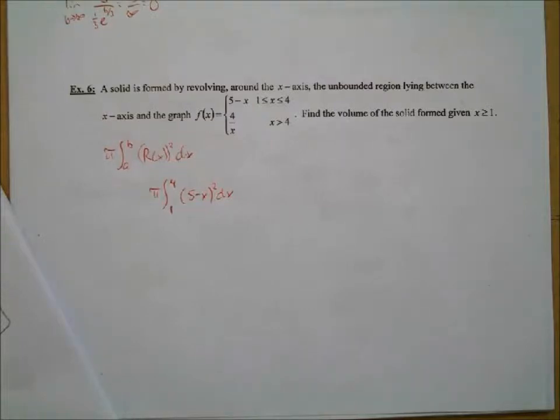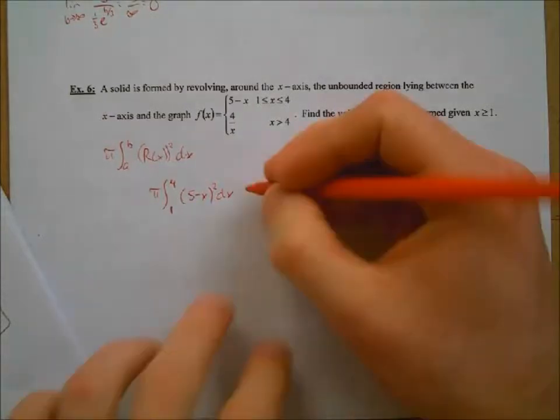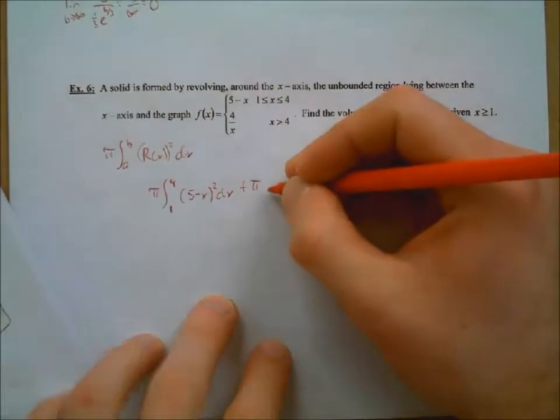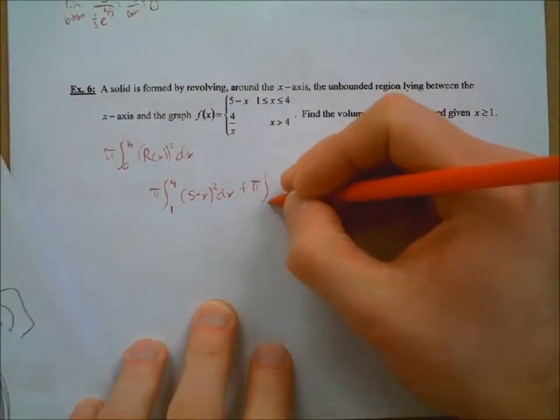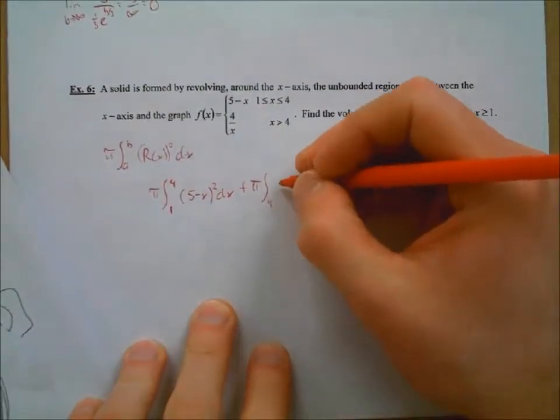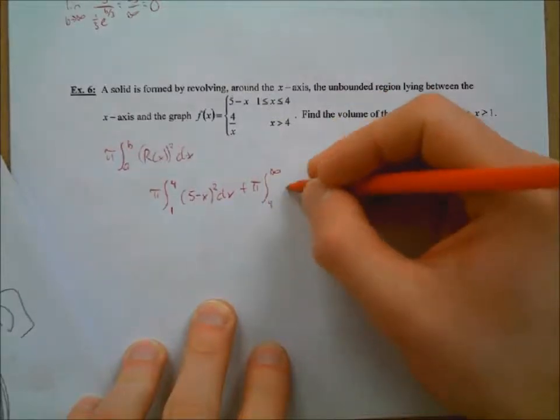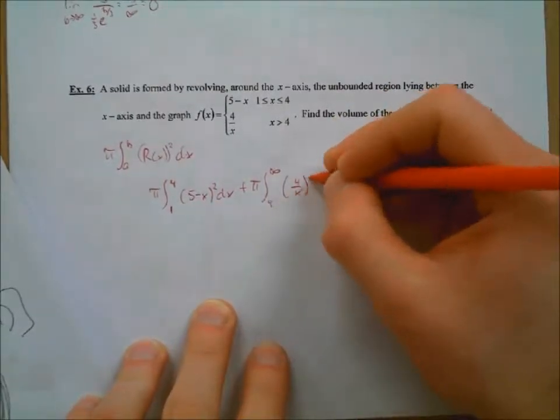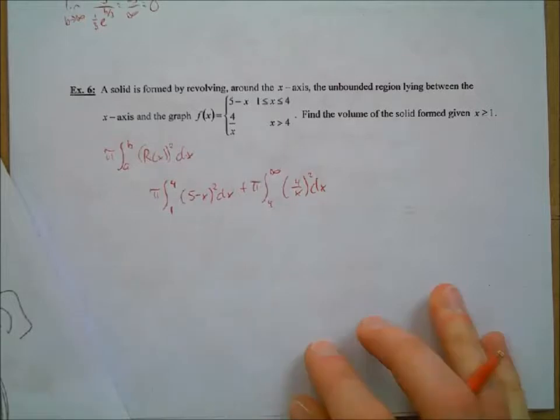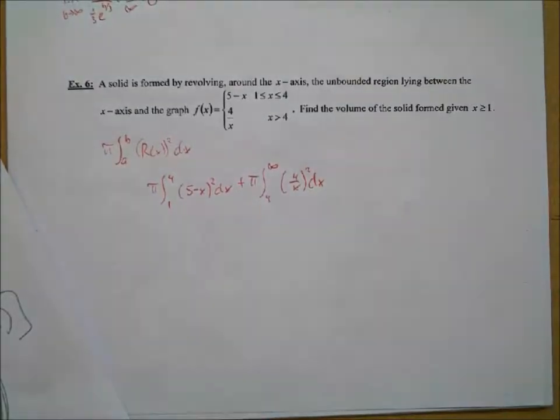Okay? Then we will add to that pi times the integral from 4 to infinity of 4 over x, squared dx. That's right, all you Buzz Lightyears out there. To infinity. All right.